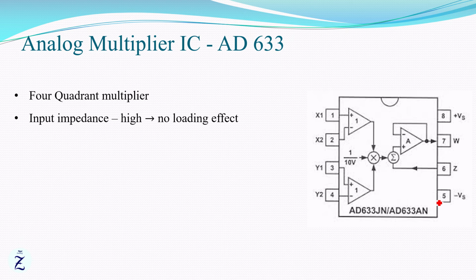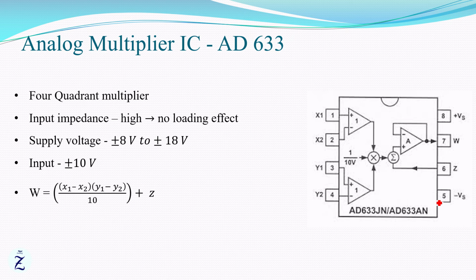It can operate with supply voltages ranging from plus or minus 8 volt to plus or minus 18 volt, and the typical voltage range of input signals is plus or minus 10 volt. The overall output W can be expressed as W is equal to X1 minus X2 into Y1 minus Y2 divided by 10 plus Z.